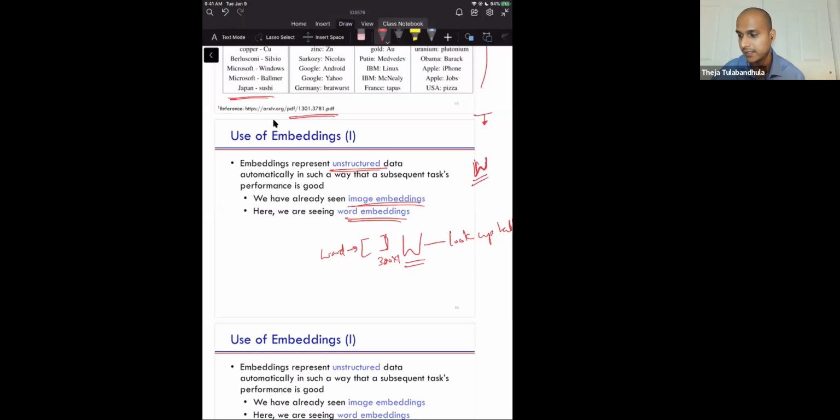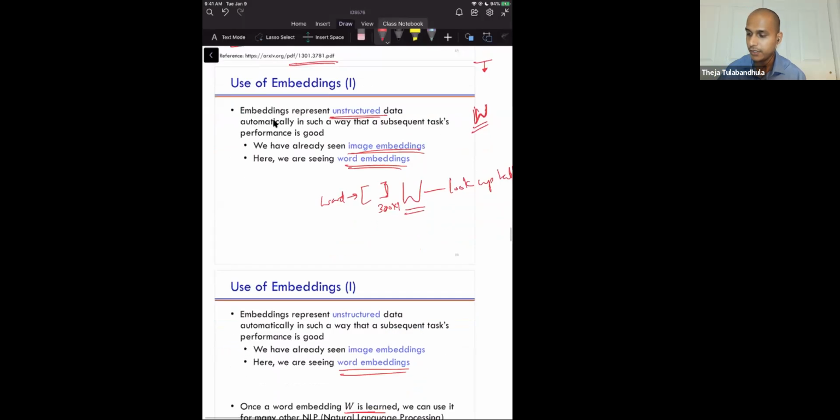And this was similar to how you could use CNN's feature extractor in other tasks, like in the transfer learning section that we discussed earlier. So you can use it for other tasks.